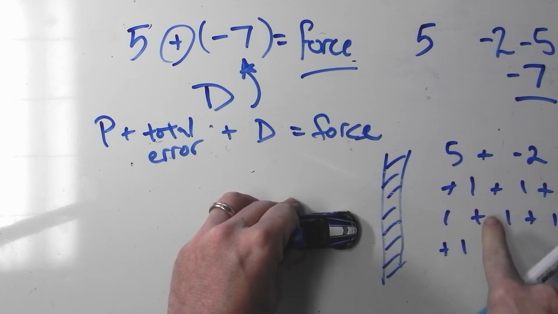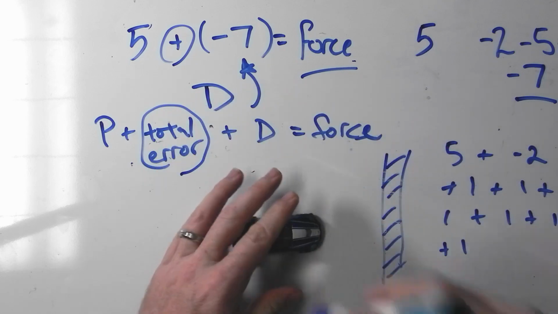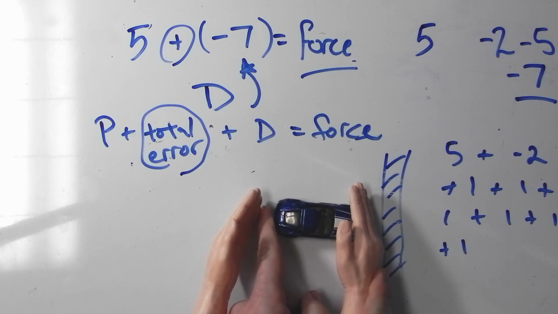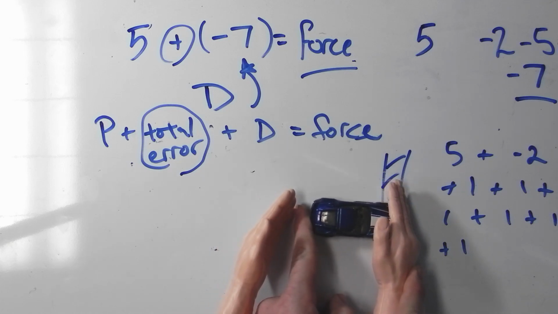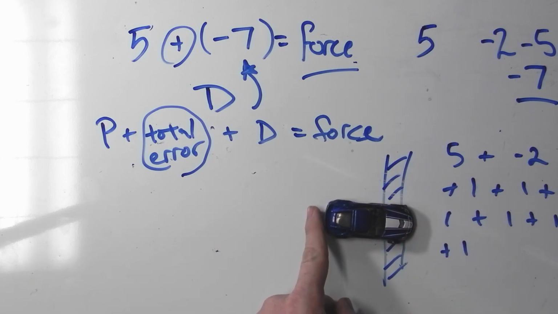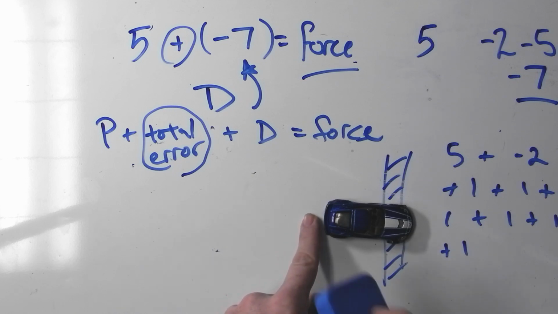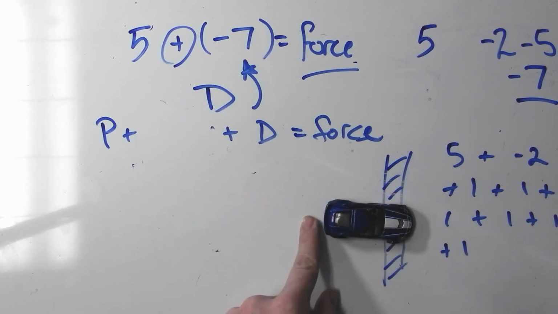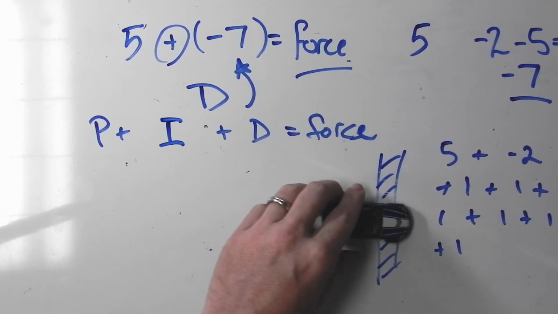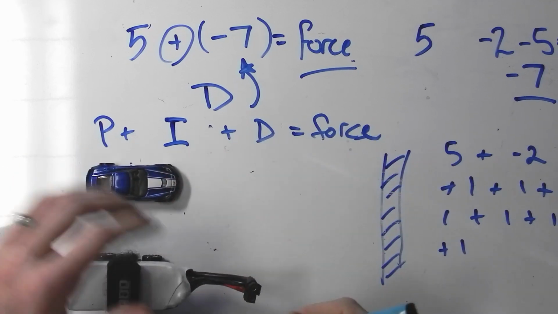If we're a little off, that running tally just gets bigger and bigger, and eventually big enough to push us to where we want to be. Another name for this is our integral control, or I term. Just like with P and D, we have a multiplier for this term, the I gain.